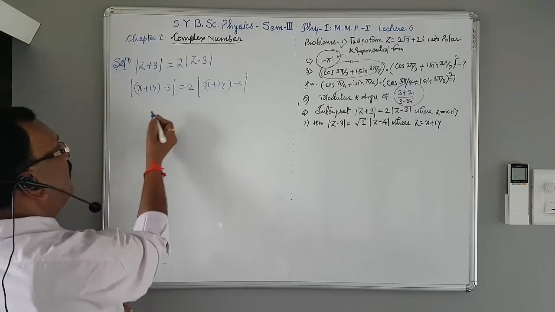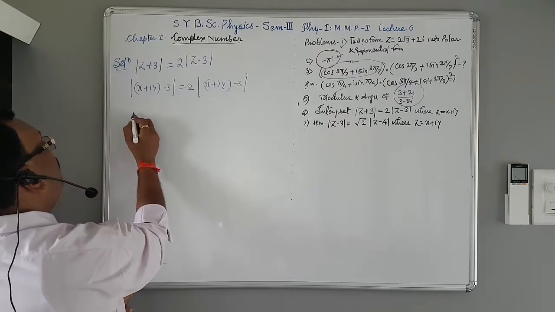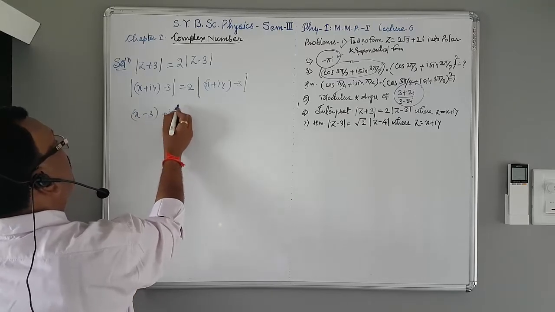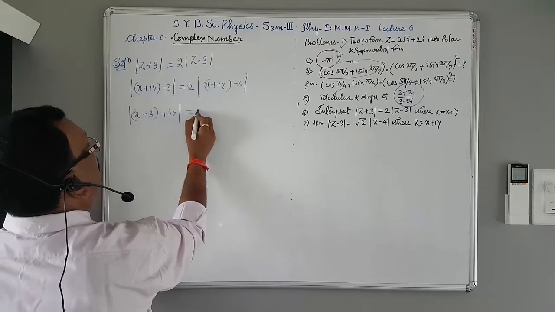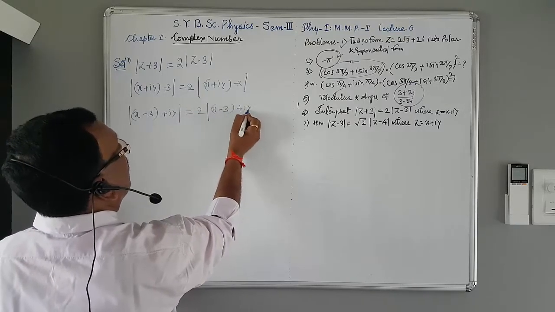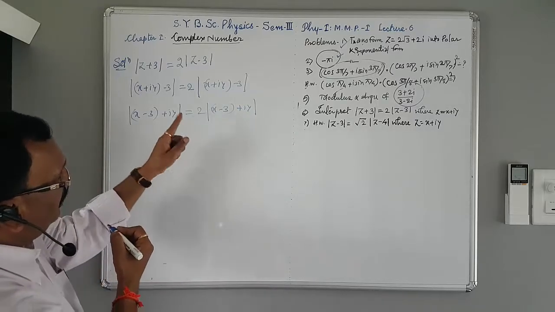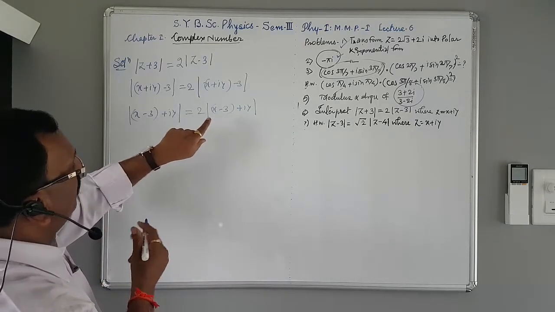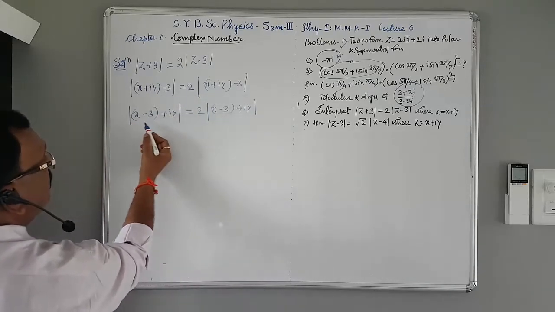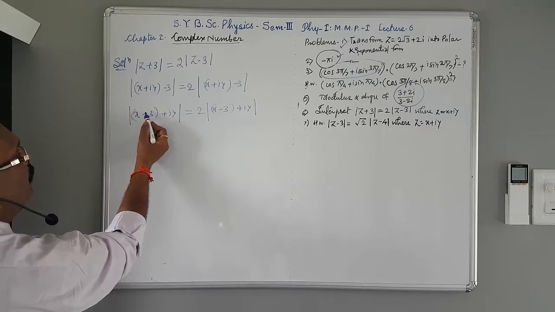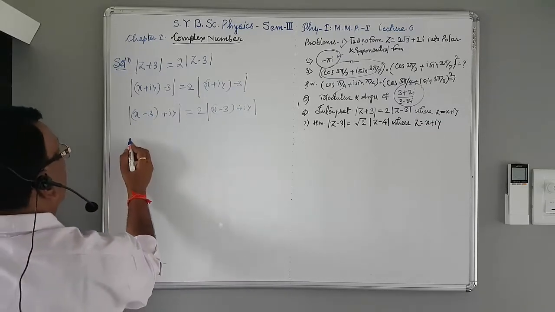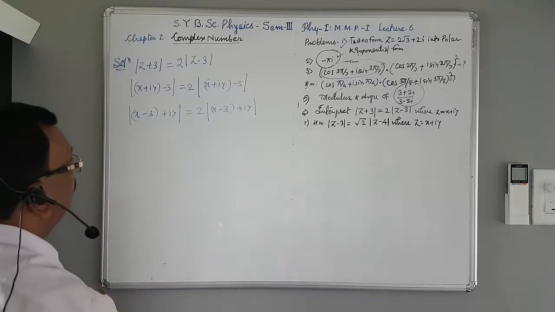Or this equation we can write in a different way: mod of x plus 3 plus iy is equal to 2 into mod of x minus 3 plus iy. What do we do here? Here we simply exchange, or we make some simple interchange between some terms. Therefore, we get this equation.